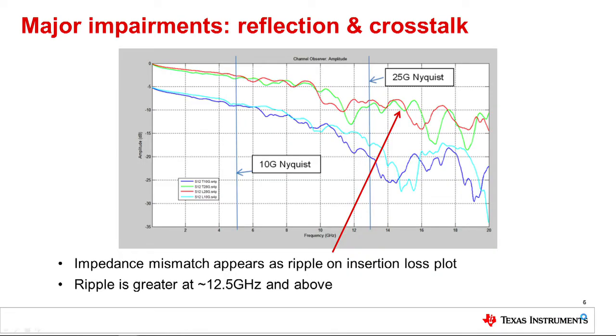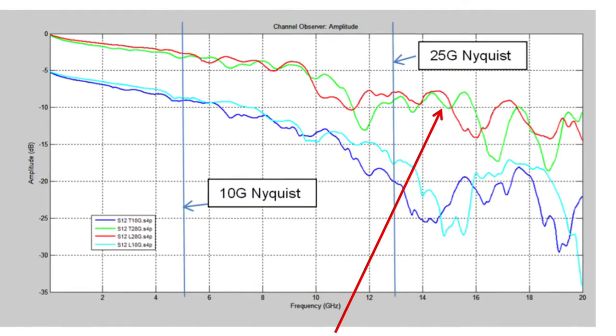Here we have the differential S-parameter transfer function, SDD21, i.e. the insertion loss plot, for a few example test channels. A couple of key observations can be made from the plot. The first one is that, while the plot shows a smooth and monotonic trend for frequencies below 12 GHz, the plot behaves less monotonically at higher frequencies.